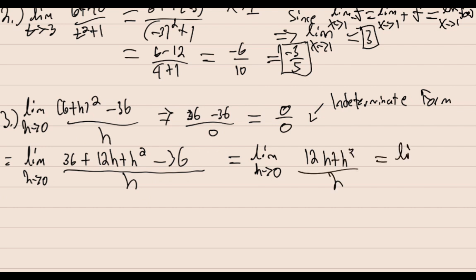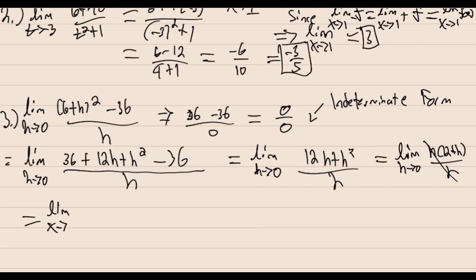This is equal to the limit as h goes to 0 of, well, I can just factor out this h on the top, so I'll get h times 12 plus h over h. These h's will cancel.